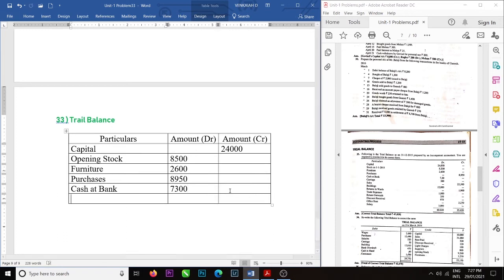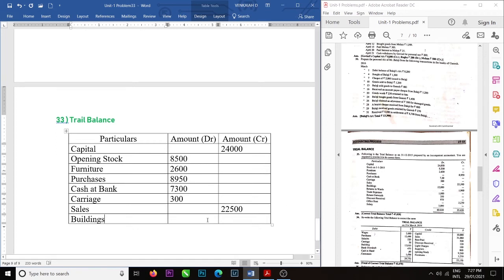Carriage is an expense, 300. Sales are credit. Sales are always credit, 22,500. Buildings are an asset, the amount is 12,000.